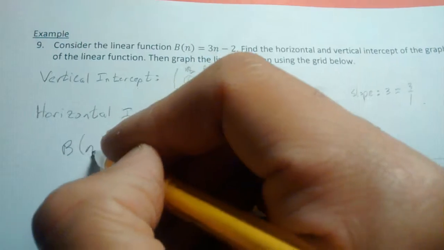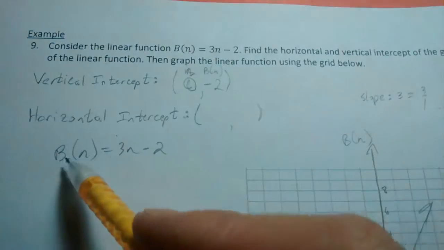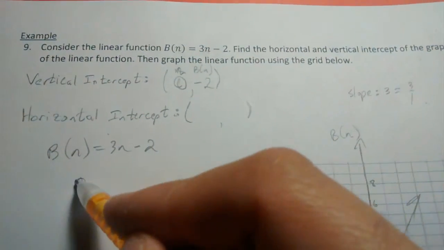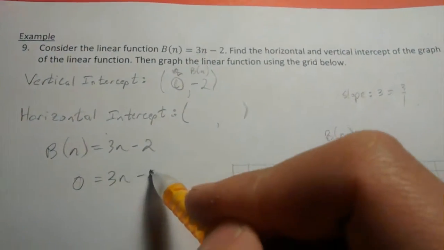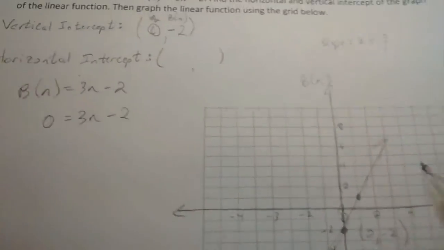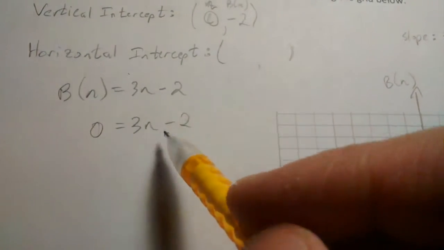So let me say that again here. When this guy is 0, that will give us algebraically an n value of where our line crosses this n axis. So again, this is simple algebra. If we add 2 to both sides, you're going to get this.